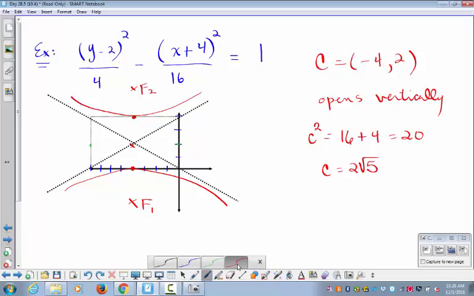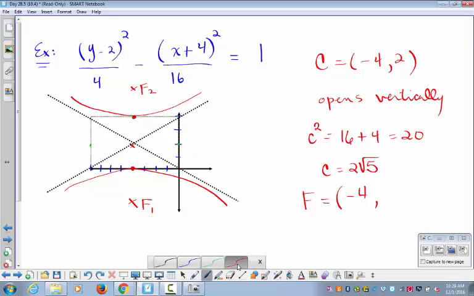And the coordinates of those foci, what's the x-coordinate of the foci? -4. Must be the same as the x-coordinate of the center.